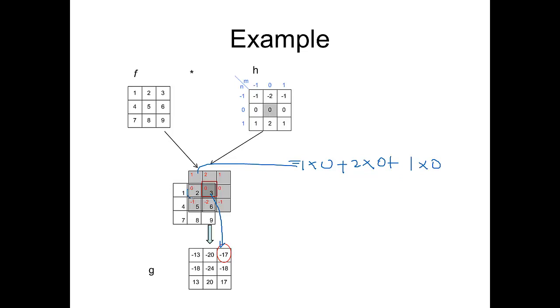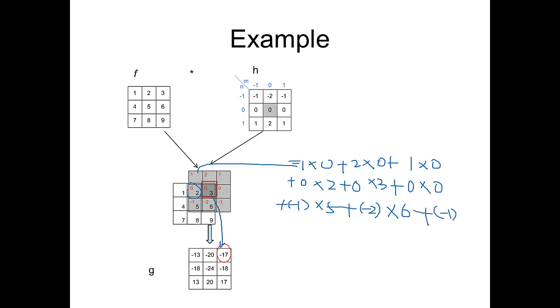Then here, 0 multiplied by 2, then 0 multiplied by 3, then 0 multiplied by 0, then plus negative 1 multiplied by 5, plus negative 2 multiplied by 6, plus negative 1 multiplied by 0. If you compute them, you will find it's negative 17. It's here. So that's the example for the convolution.